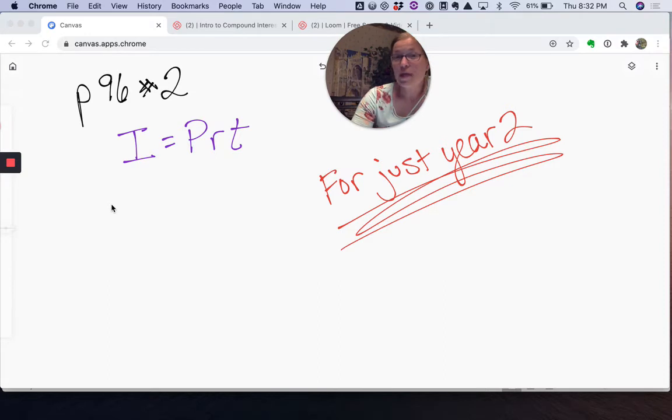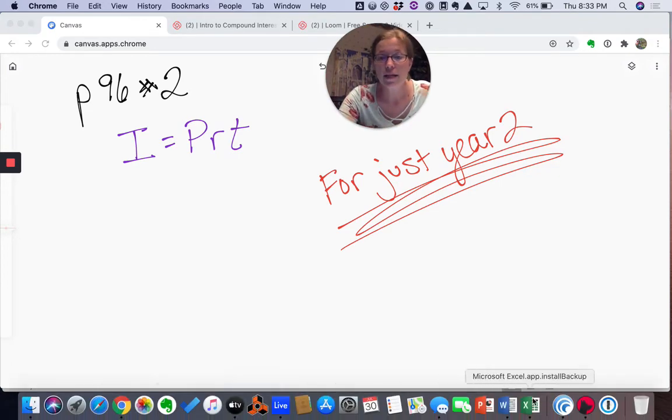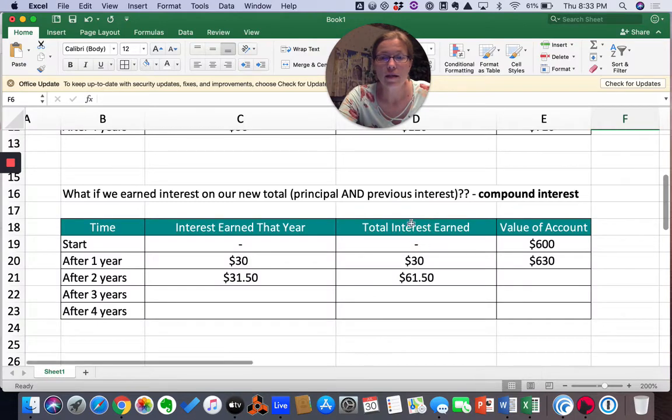Number 2 wants us to connect with this simple interest formula that we've used in the past. Now, I want to clarify that we're using this formula to figure out the interest from just year 2. Normally, when we're using this formula, we would put in the original principal, and we put in how many years have elapsed. And if we had done that, we would get the numbers in this column, the total interest earned.